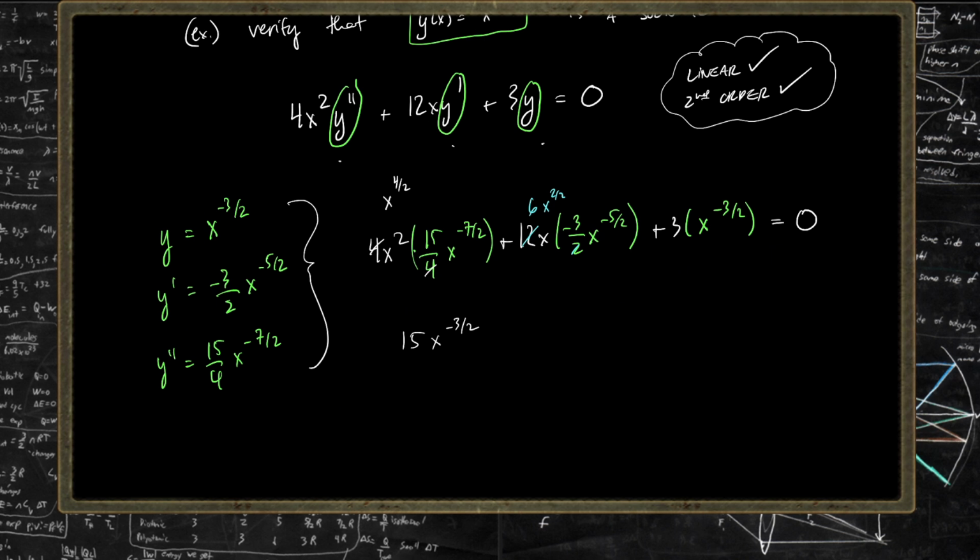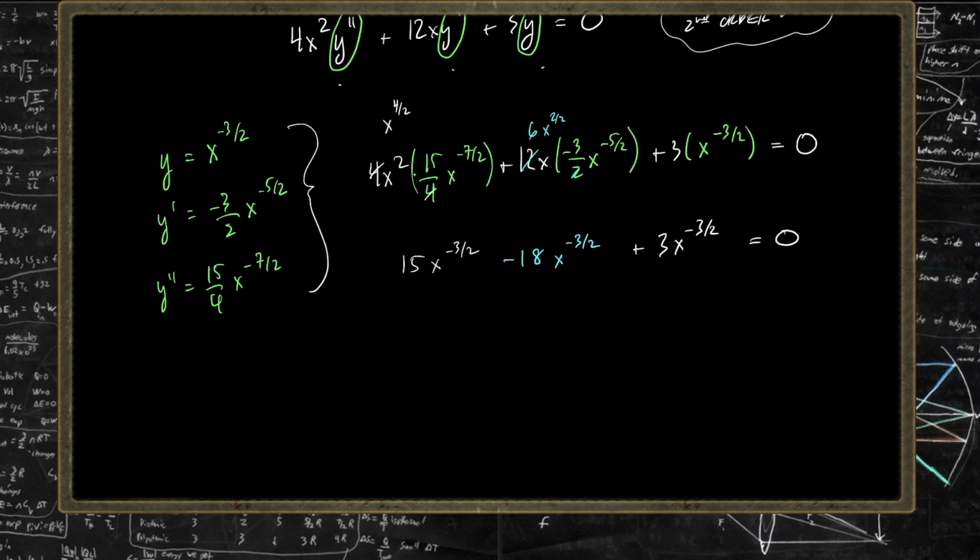So we get negative 18 x to the minus 3 halves, and then plus 3x to the minus 3 halves. Is this equal to 0? Why, yes, it is. That checks out. So yes, y of x equals x to the minus 3 halves is a solution.